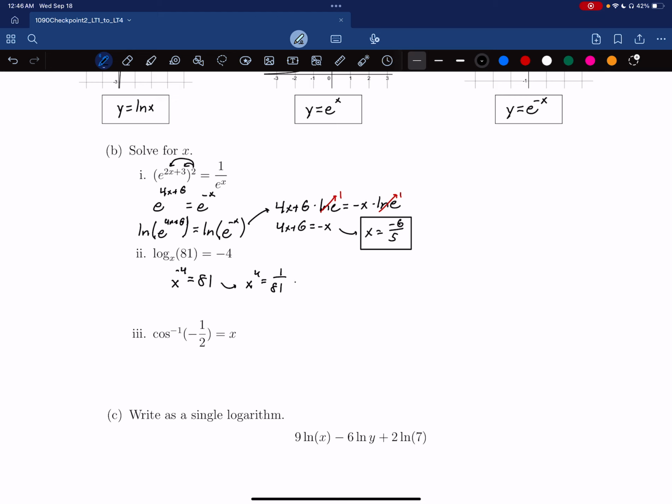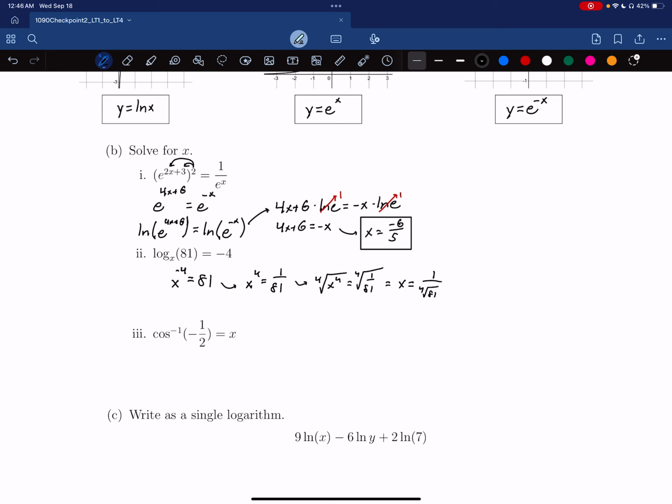So then from here, I'm going to take the fourth root of both sides, which leaves us with x is equal to 1 over, sorry, this should be a fourth root as well, fourth root of 81.